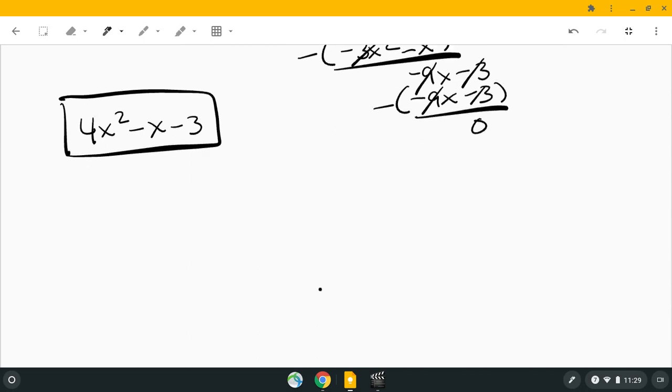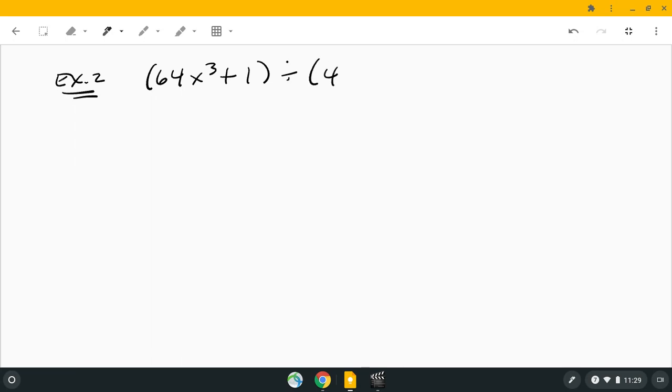All right, let's do another one. Let's do one where we need to use the placeholder. Suppose I have this, 64x cubed plus 1 divided by 4x plus 1. All right, so clearly we're missing a bunch of terms.